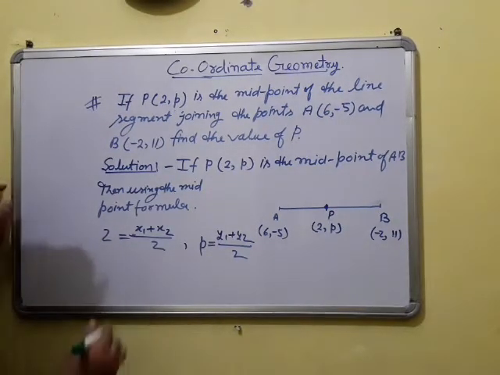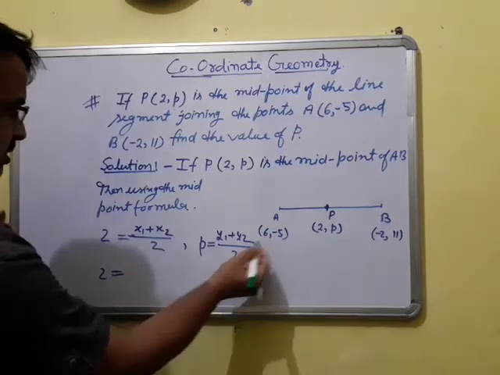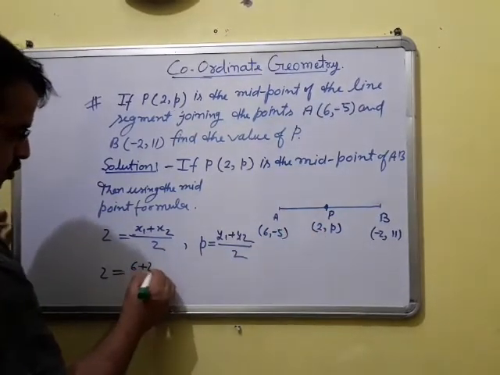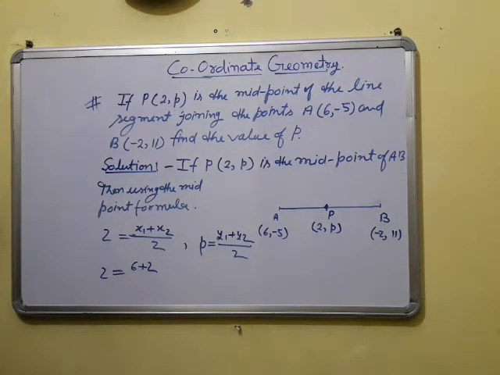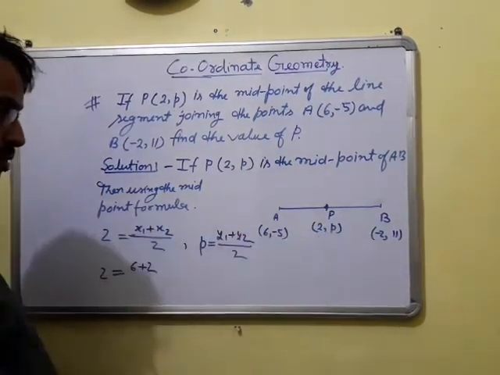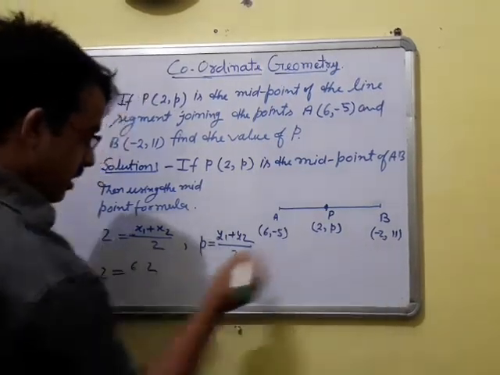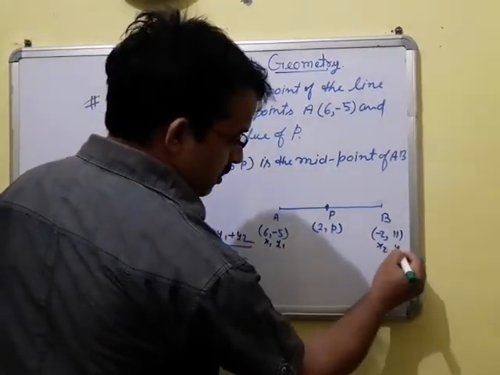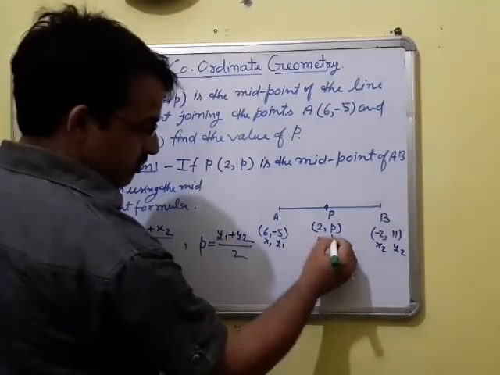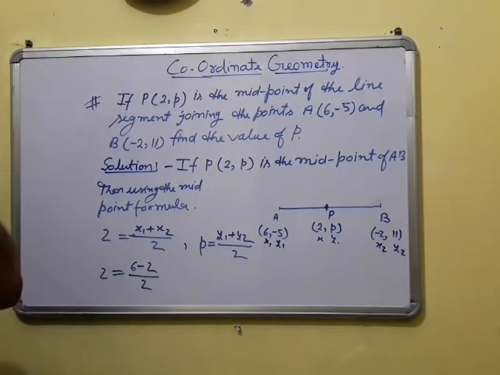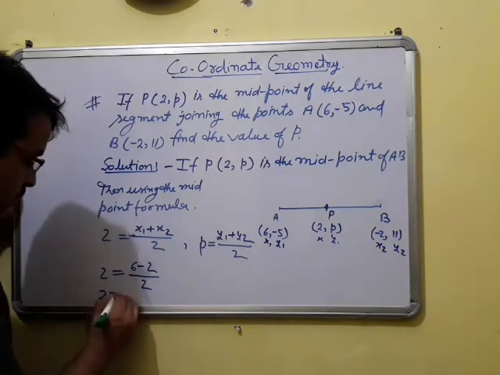Now x1 is given as 6 and x2 is given as -2, so (x1 plus x2) by 2 gives 2 equals 2.